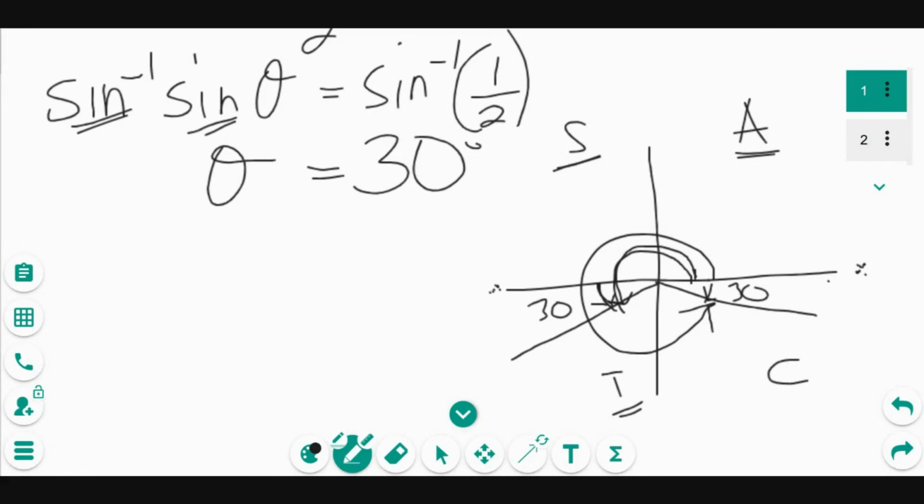Anyone who can help me with that, just to measure those angles? Okay, we do it together for this one.